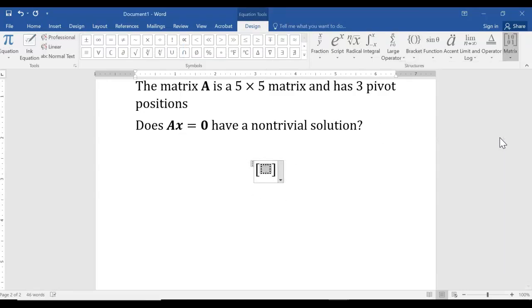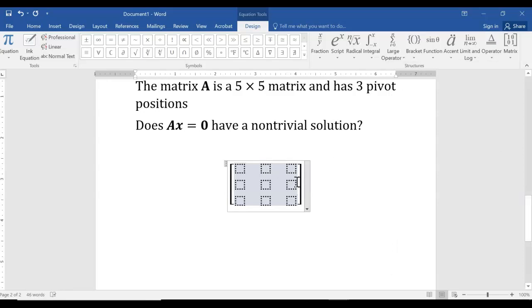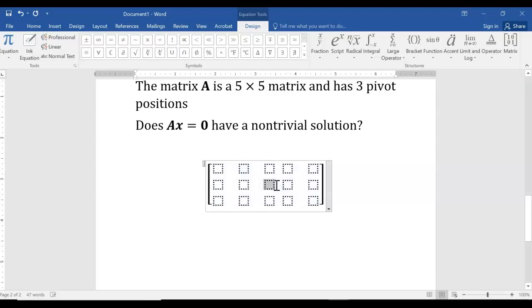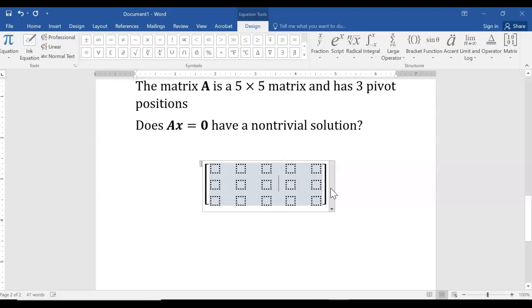that means 5 columns and 5 rows. I screwed that up, but that's okay.